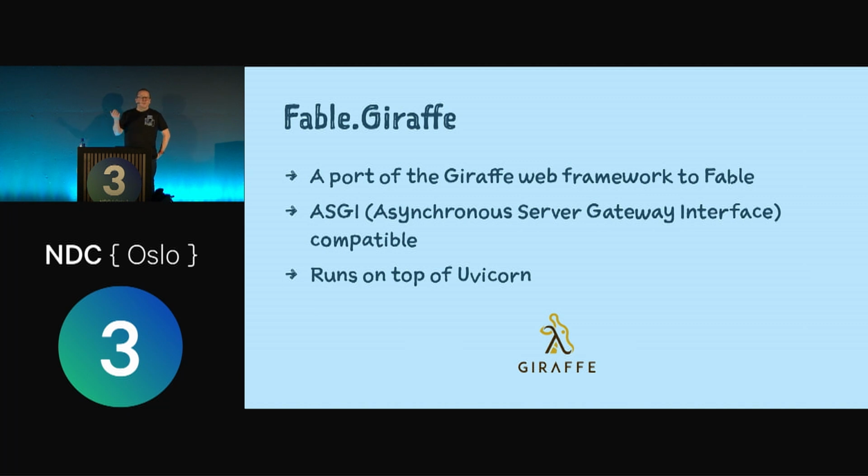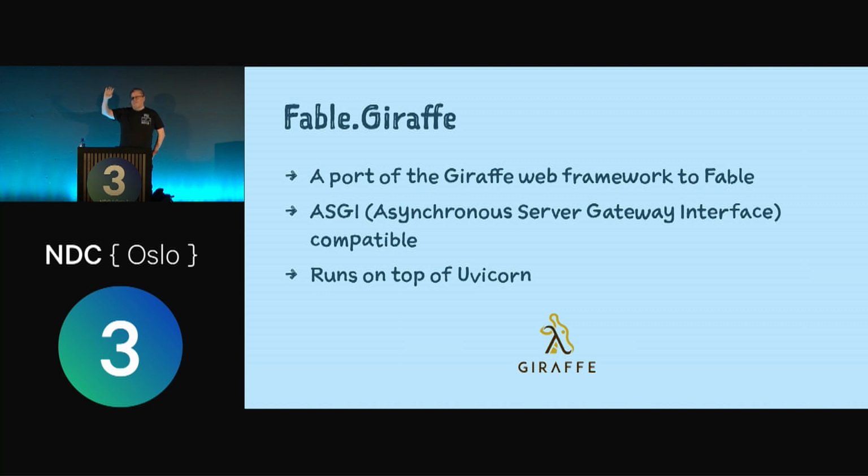So how would we do that for Python? It actually turns out that Python has the same kind of layer. In F# we have Giraffe, we run on top of ASP, that runs on top of Kestrel.